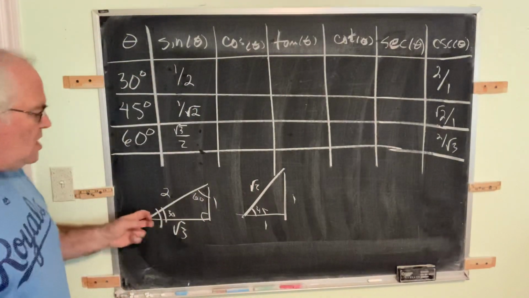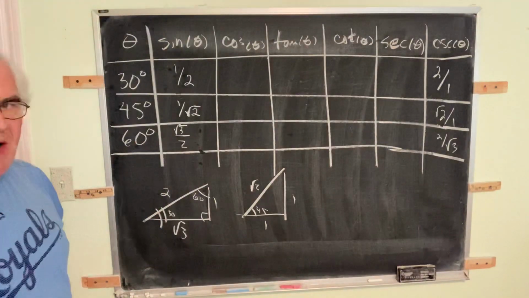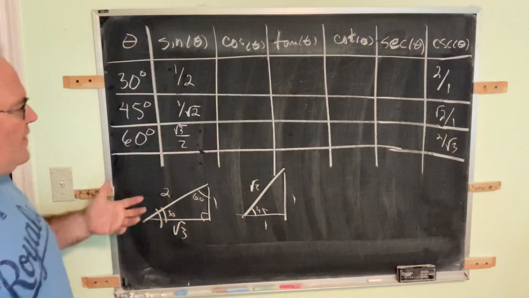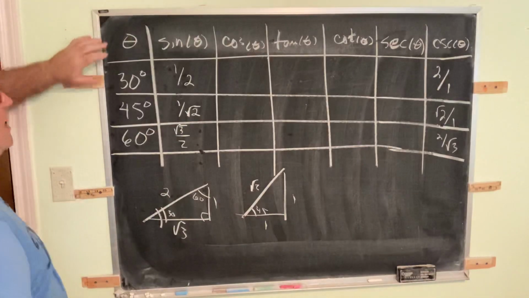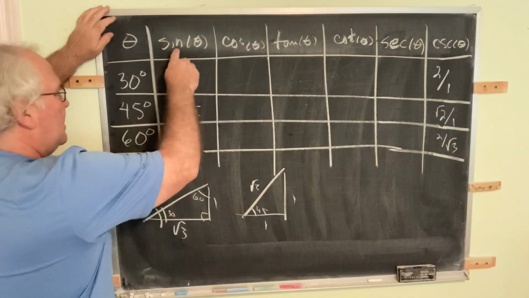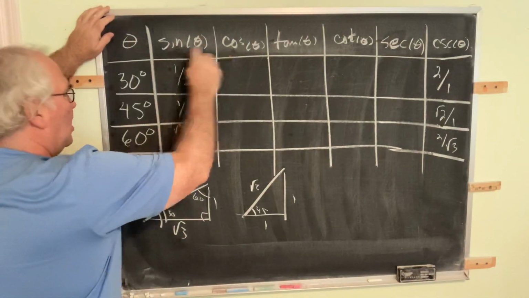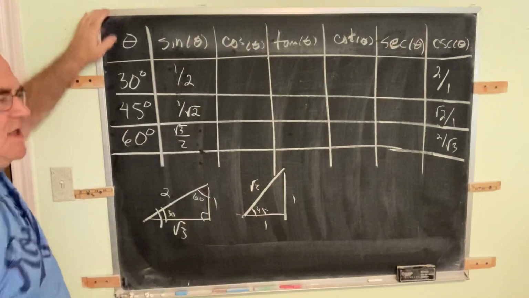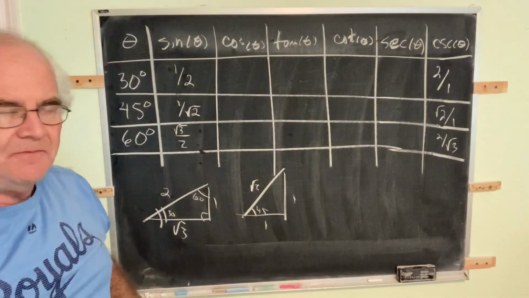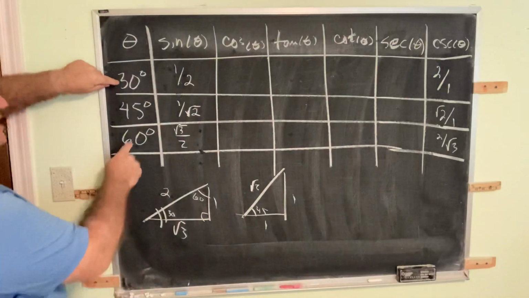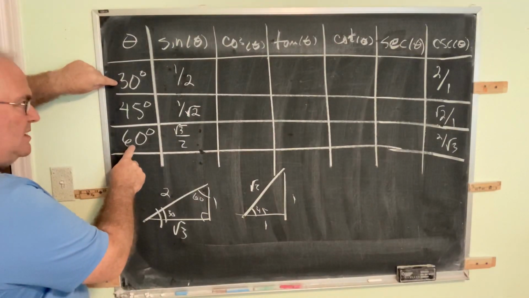Well, you could argue cosine is adjacent over hypotenuse. But we also know things like this. We know that sine and cosine are co-functions. And we know that 30 and 60 are complements.